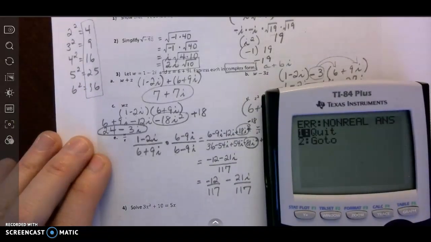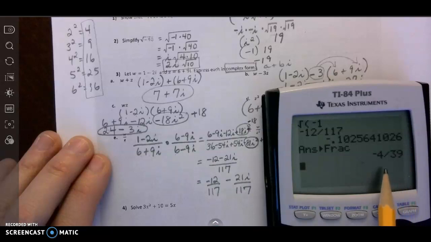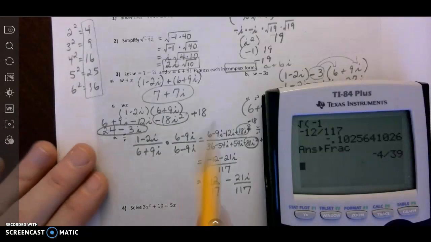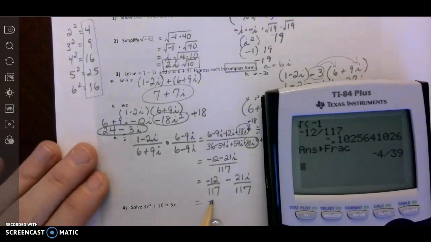So I can do negative 12 divided by 117, and then do math, enter, enter, and it says, oh, this can actually be rewritten as negative 4/39. So that's good that I separated it like that.